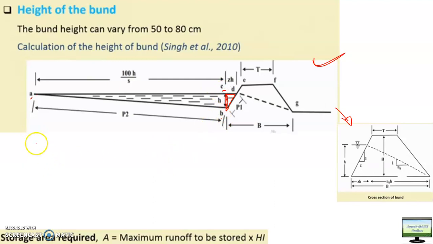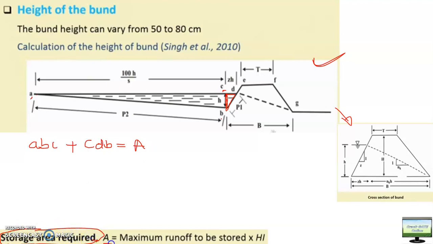So you see triangle A, B, C as the first triangle, and C, D and B as the second triangle. You consider this as the total area. So this is the storage area A.